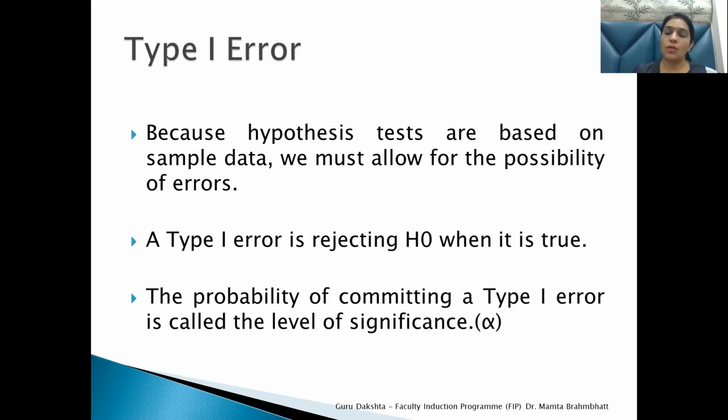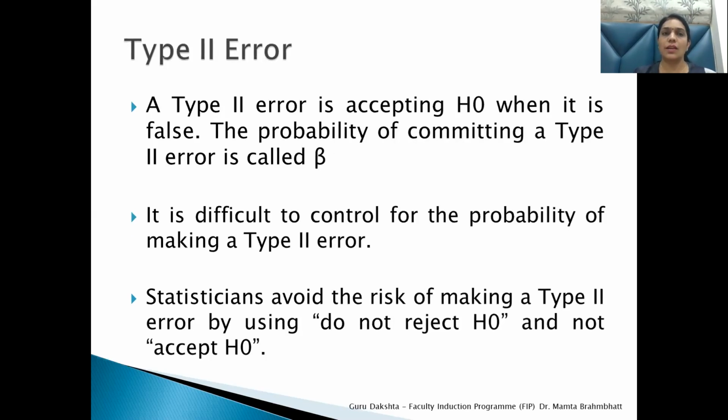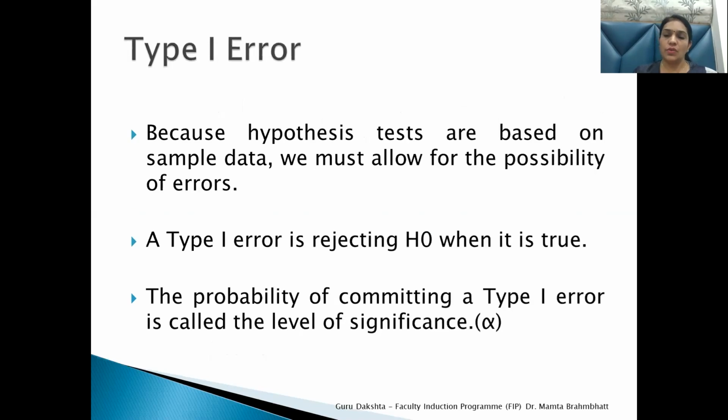Now, all my MBA students create these two types of error, type 1 error and type 2 error. When I'm teaching quantitative techniques in the first semester to MBA students, what perception do they carry about the subject? They say, Mamta madam के class में कितना मजा आ रहा है.